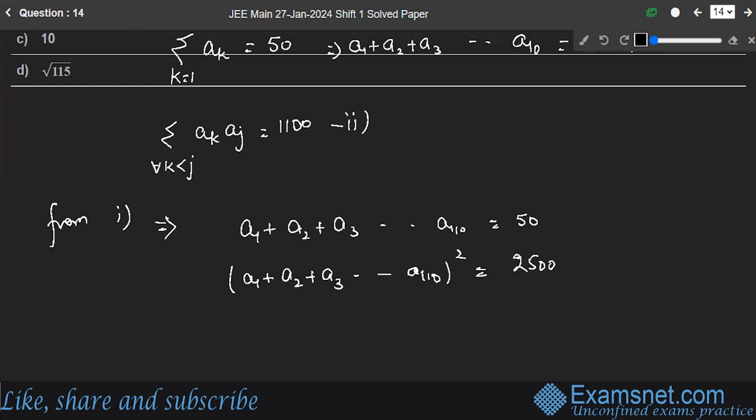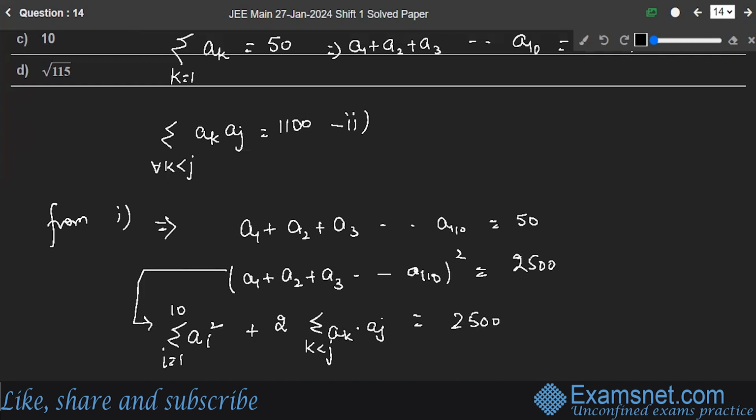equal to 2500. Now, this can be written as, if you open it, the formula for this is summation ai square from i is equal to 1 till 10 plus 2 summation k less than j ak into aj. This is equal to 2500, right?